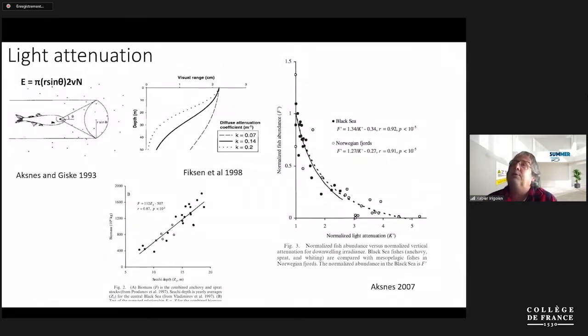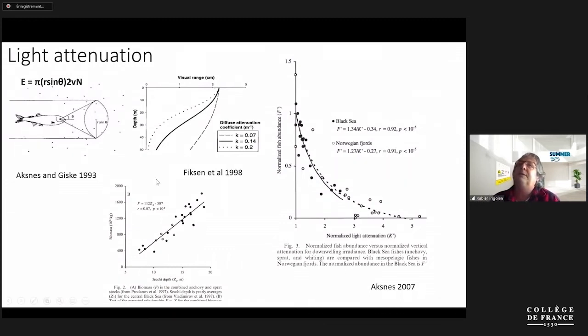It's because it's not only a question of having food in the sea, it's also a question of being capable of seeing the food. So you can have a relatively high concentration of food, but if the water is very dark, your detection ability decreases a lot. So your real food availability is low because you don't see it. And this is even more important the larger the predator becomes.